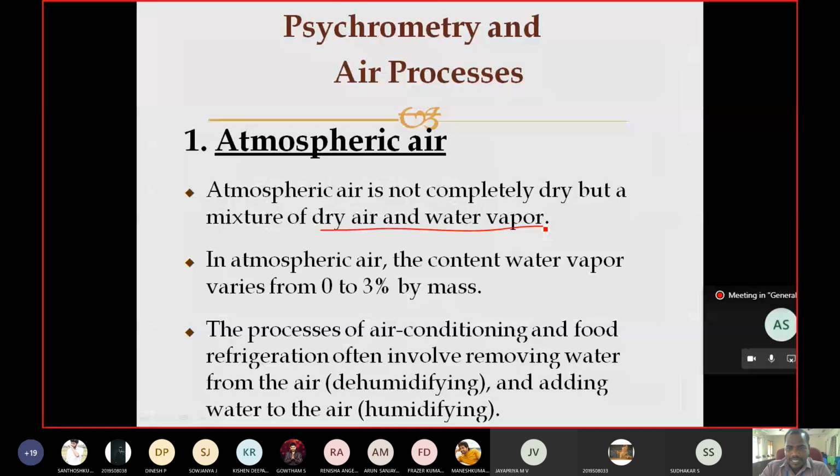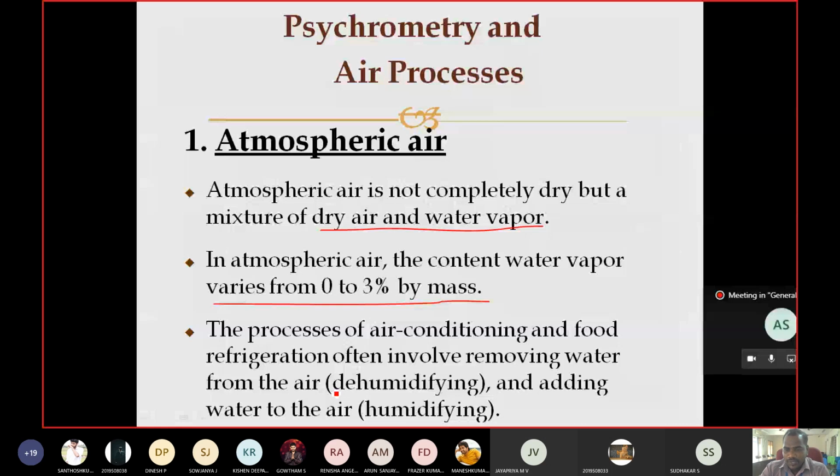In atmospheric air, the condensed water vapor varies from 0 to 3% by mass, right? So in our normal atmosphere, there is a possibility of 0 to 3% of water vapor being present. The process of air conditioning and food refrigeration often involves removing water from air and adding water to the air, that is, dehumidifying and humidifying.